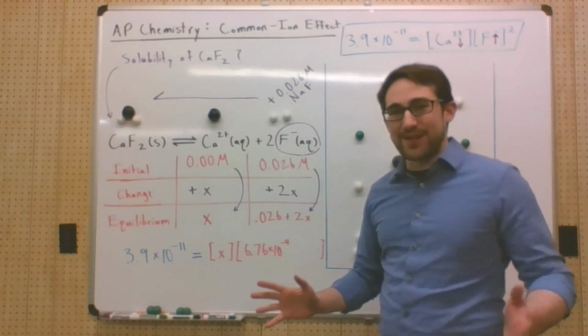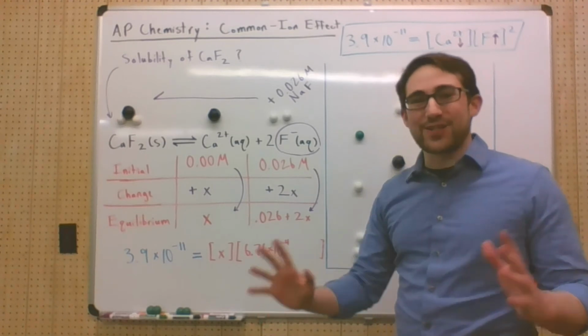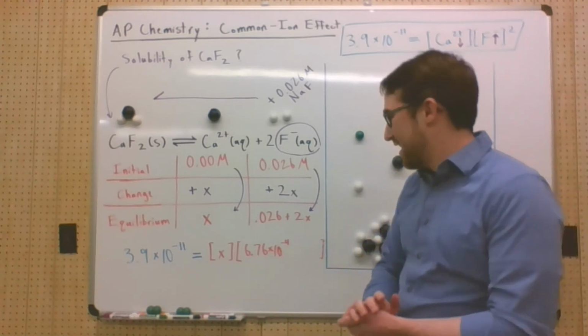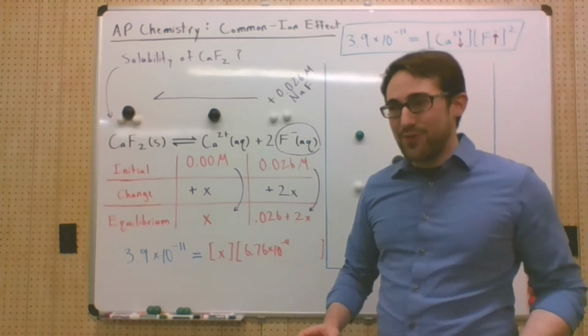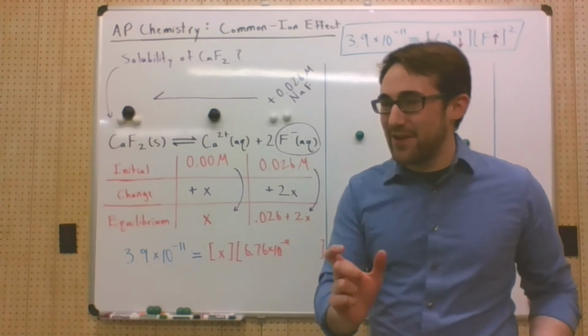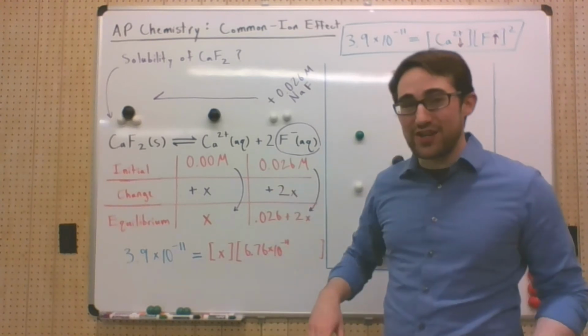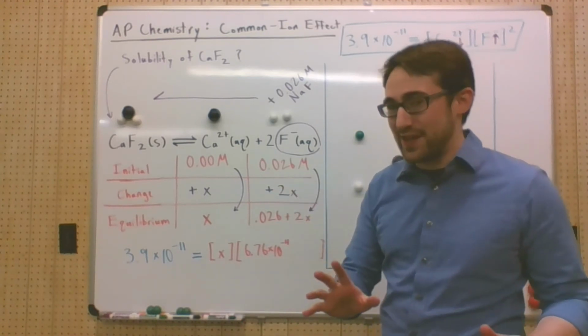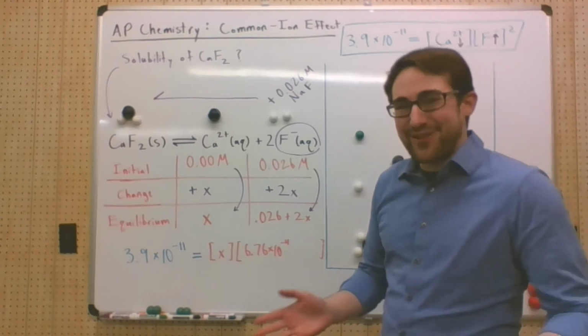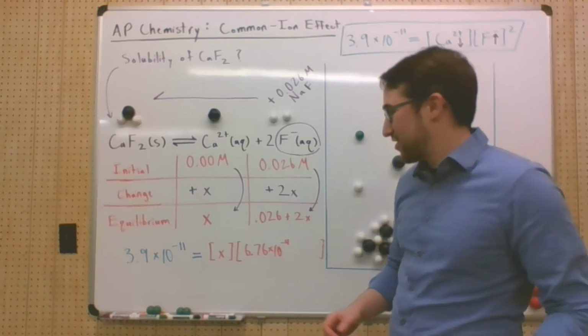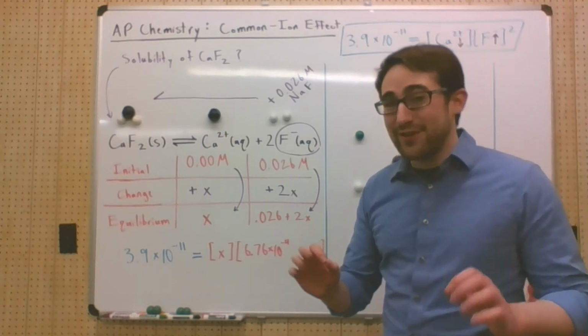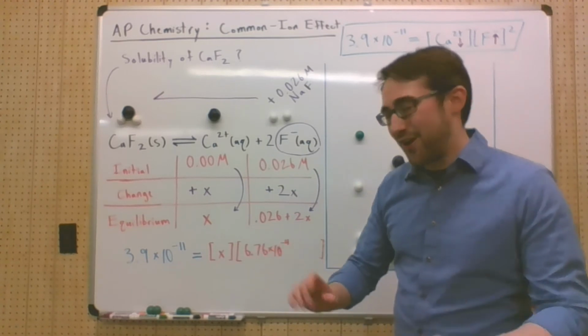You'll see this sometimes written as a small x approximation or something like that. But essentially all it's saying is when we are adding or subtracting a very, very small number, like a change in concentration in equilibrium with KSP, it doesn't really affect our calculation that much. So little, in fact, that we can just get rid of it. We just disregard it, okay?